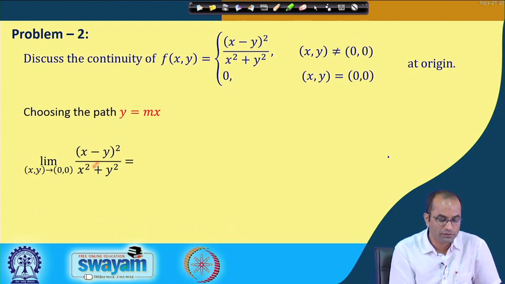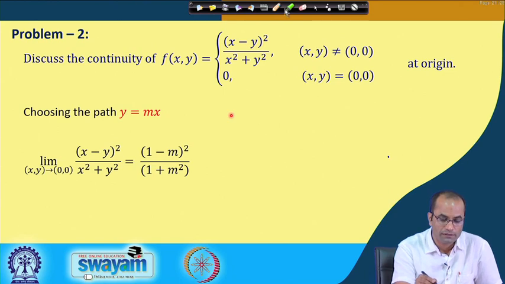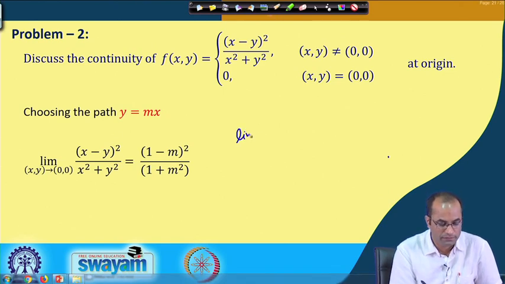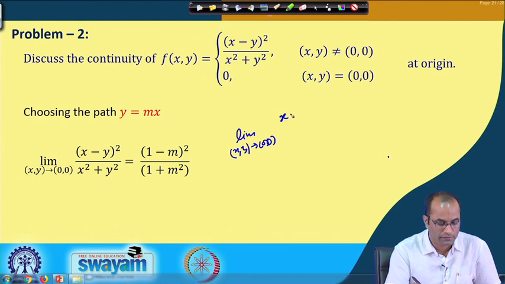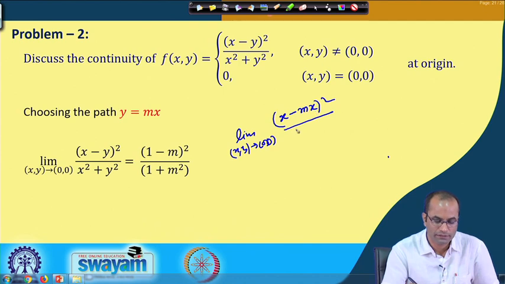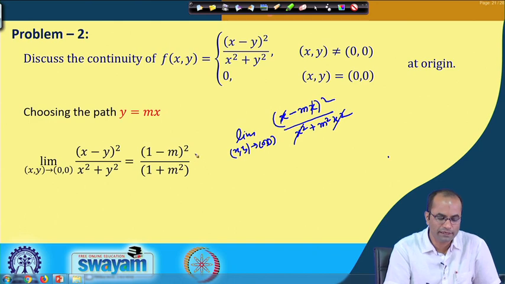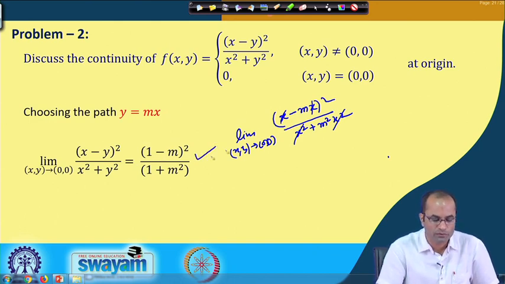So, when we do this substitution for y equal to mx, we get this limit as (x,y) goes to (0,0), with x and y substituted as x minus mx, whole square, divided by x square plus m square x square. From there we take common x square, so this x will be removed and we get this limit (1 minus m) whole square divided by 1 plus m square, free from x.